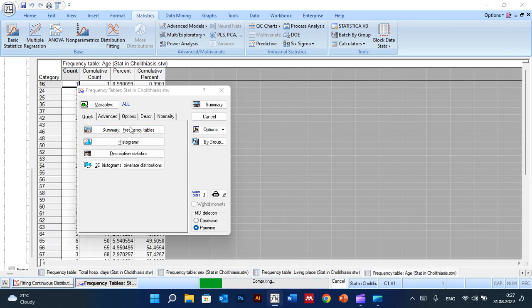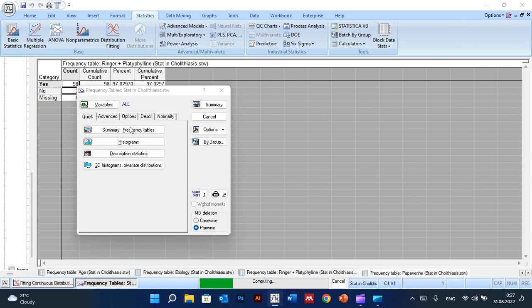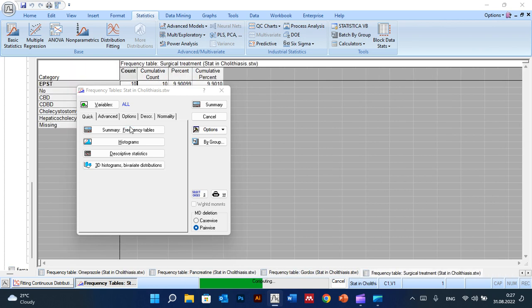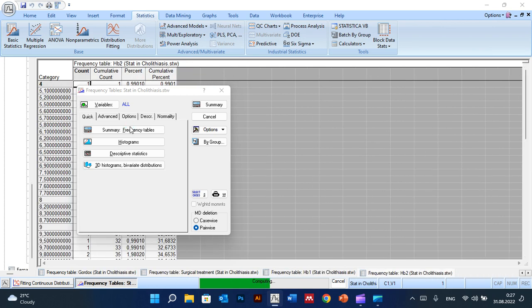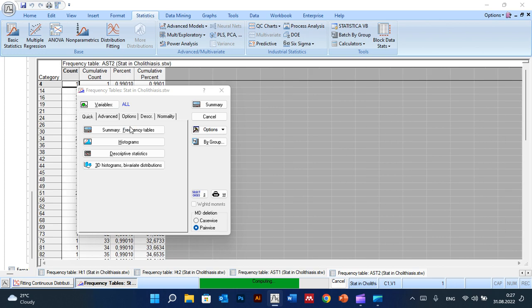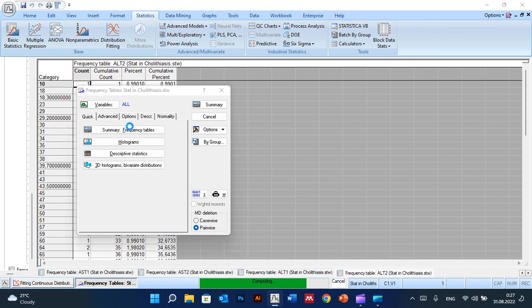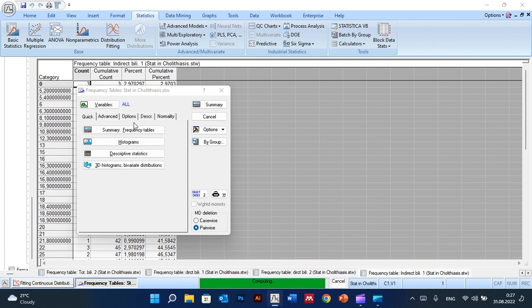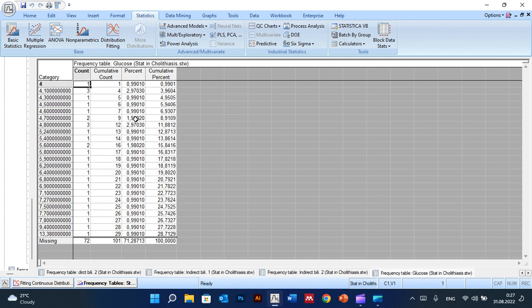These frequency results are more difficult to describe in the article you want to write, so it's better to select only the variables where there is text. Maybe if there are four or five numbers, you can select them, yes. But for example, for age, there will be huge results.